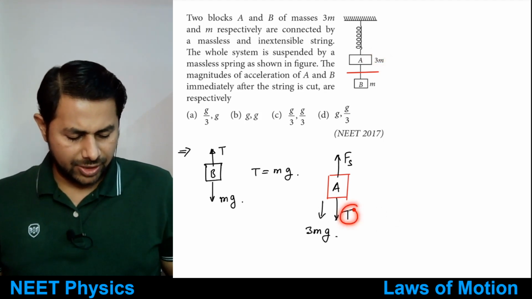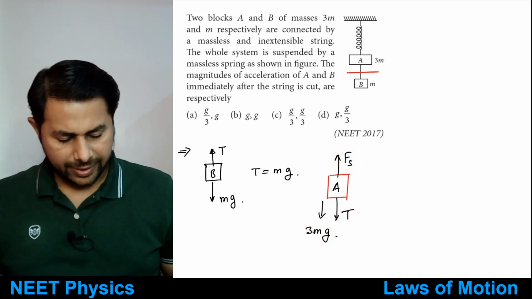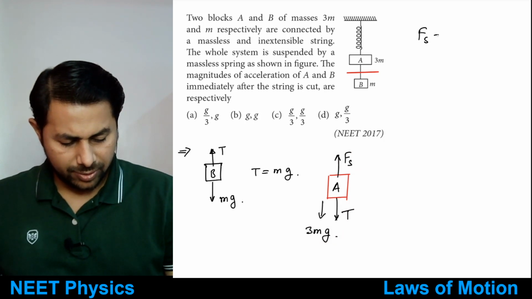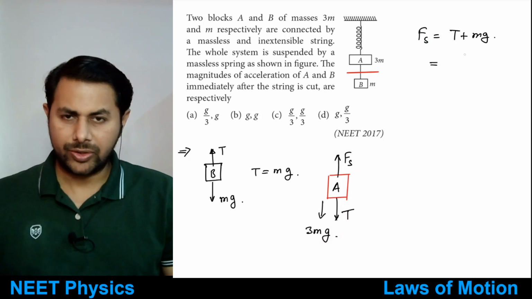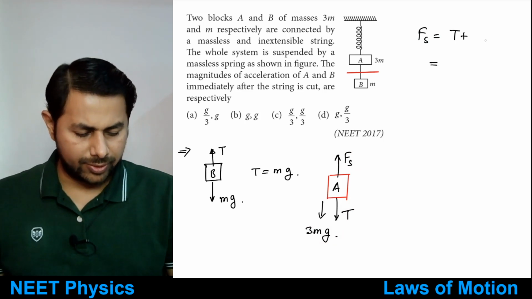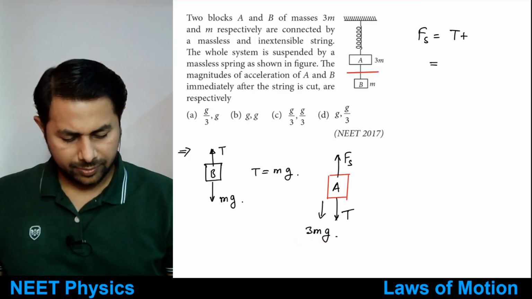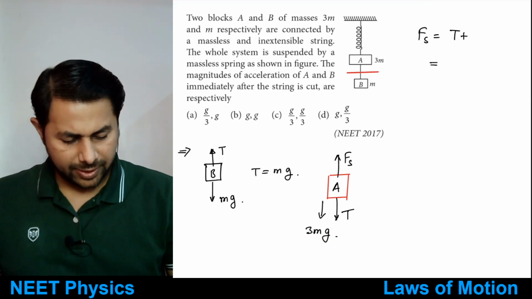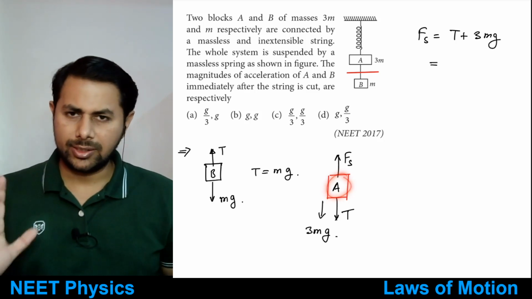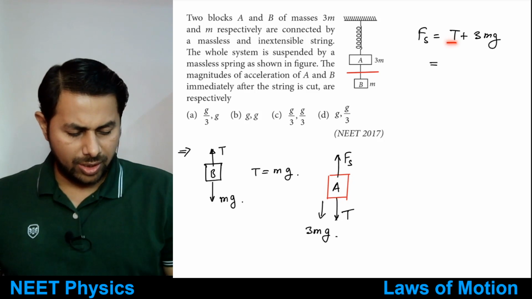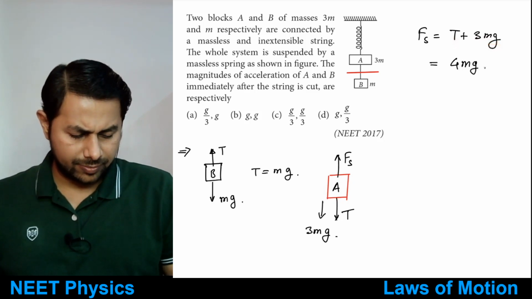So the spring force Fs is equal to tension plus weight, that is mg plus 3mg, because the mass of this one is 3m. So it is 4mg.